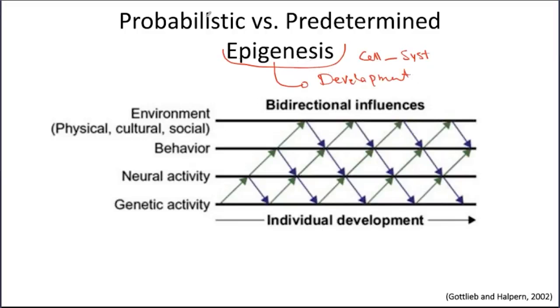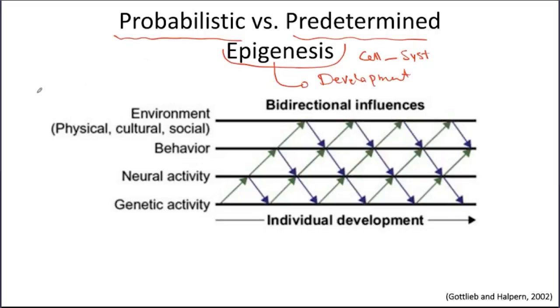This epigenesis process could be probabilistic or predetermined. By predetermined, we mean that the process would be planned and controlled fully by genes. And by probabilistic, it means that based on the genes that we have, we can go to path 1, path 2, path 3, and probably not path 4.